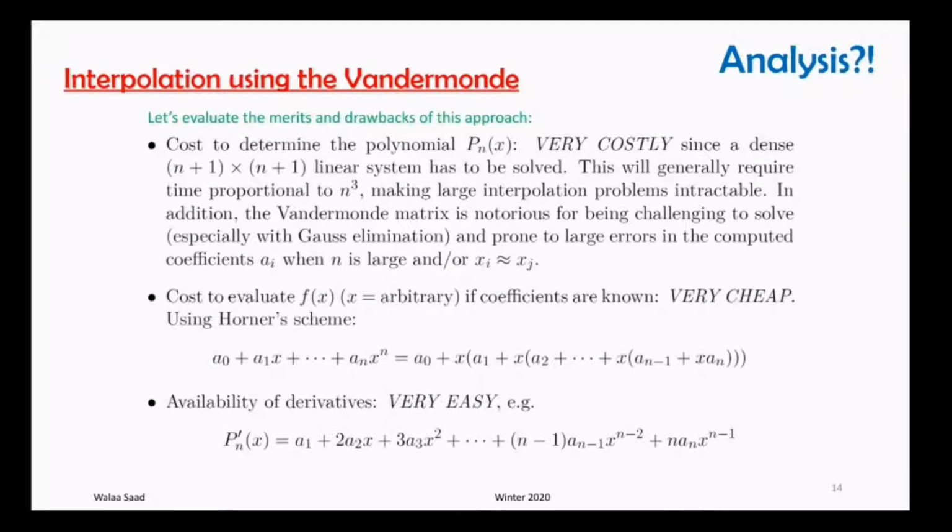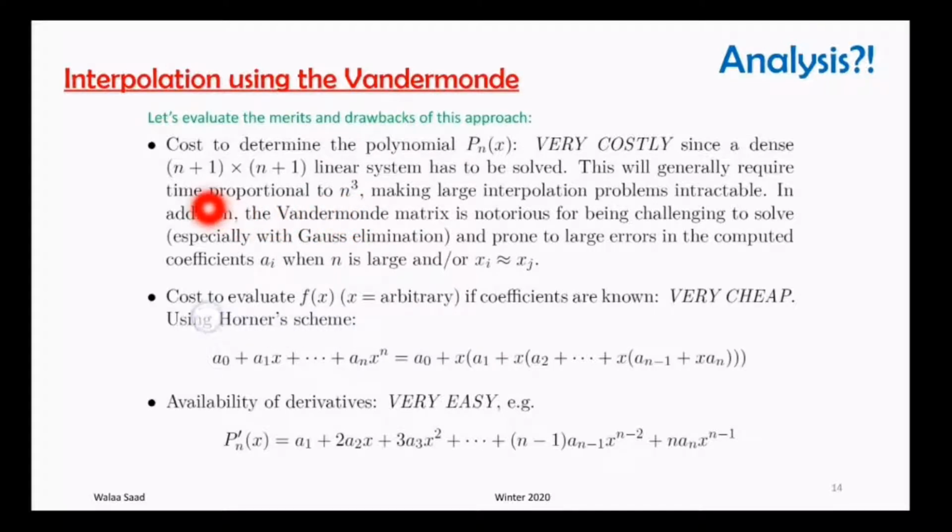Of course, this Gaussian elimination has a main drawback, which is the number of operations required. Remember, solving the matrix, starting with the augmented matrix and then reducing using the elementary row operations, we were dealing with an n+1 by n+1 linear system of equations, which requires n to the power of 3 operations.